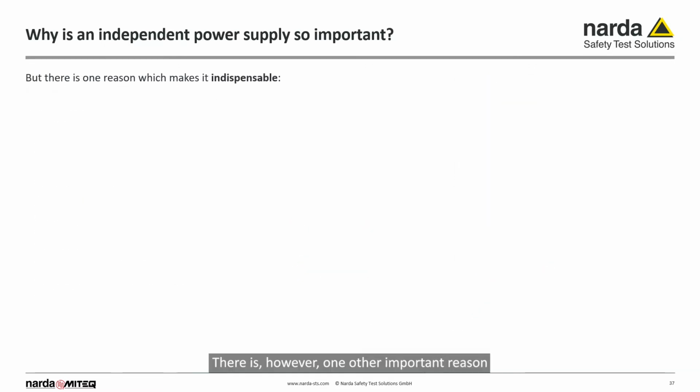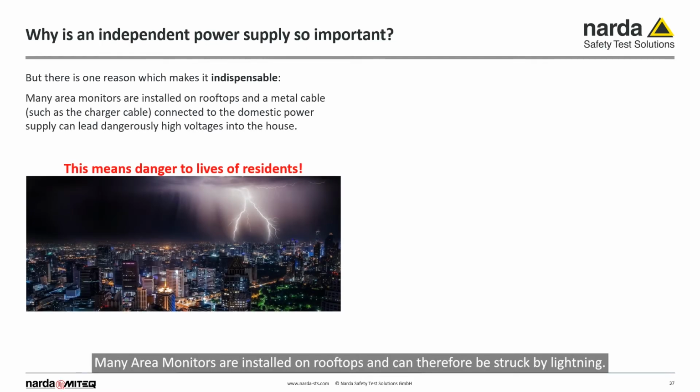There is, however, one other important reason why an autonomous power supply is indispensable for such a measuring device. Many area monitors are installed on rooftops and can therefore be struck by lightning. If they are electrically connected to the house wiring through the power supply, dangerously high voltages could be fed into the domestic installation and endanger not only any other technical equipment, but also the user as a result.